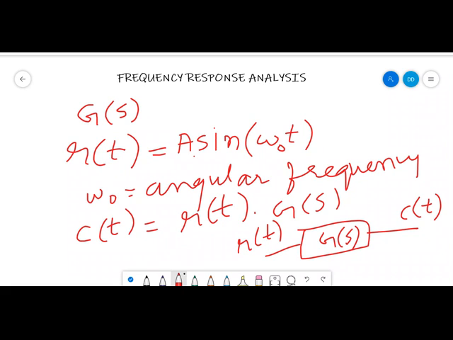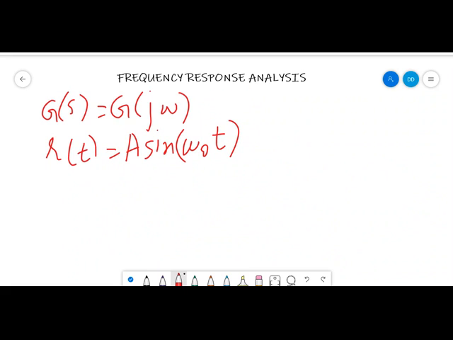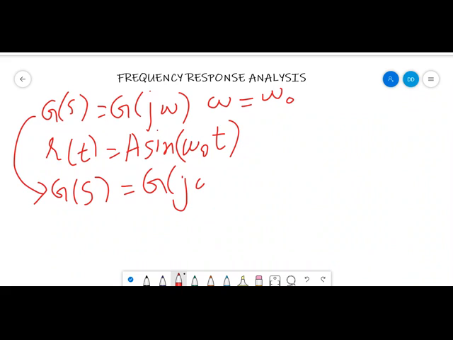So for the frequency domain analysis, we consider this G of S as G of j omega obtained by substituting S is equal to j omega. So in this, we take omega equal to omega naught, that is the angular frequency. Therefore, G of S becomes G of j omega naught.